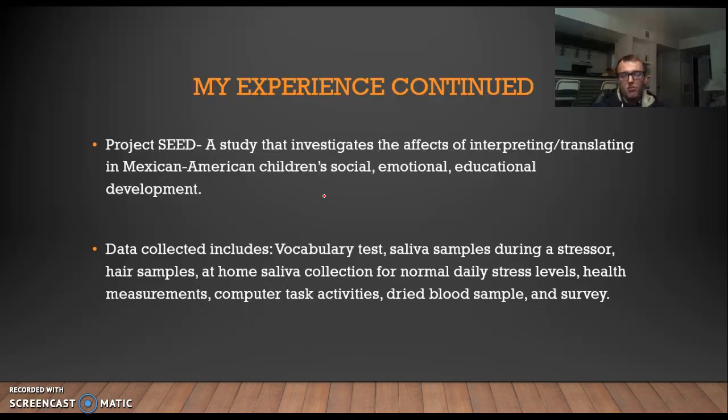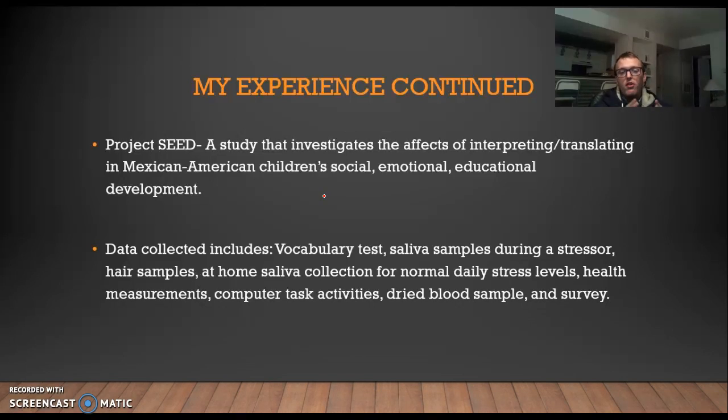And then we do health measurements, just height, weight, and waist circumference, to see how they're developing and see if this is related to translating in a positive or negative way.